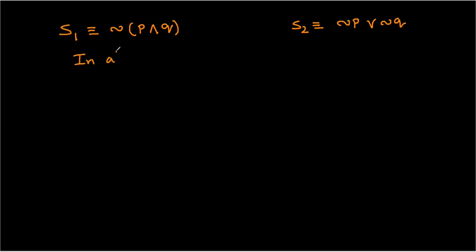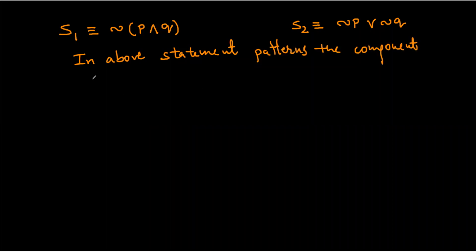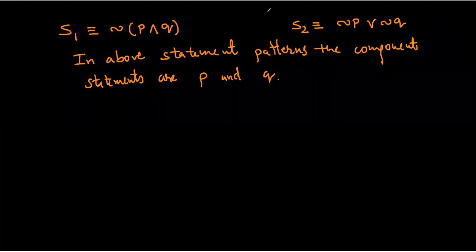In the above statement patterns, the component statements are P and Q. Now you know, students, that P and Q, which are the two component statements in both statement patterns, each have two types of truth values.